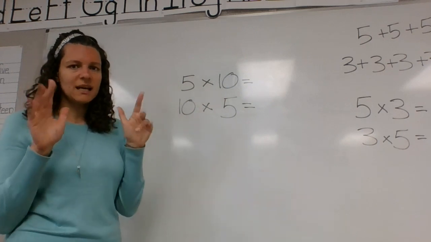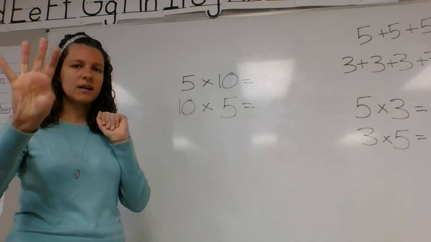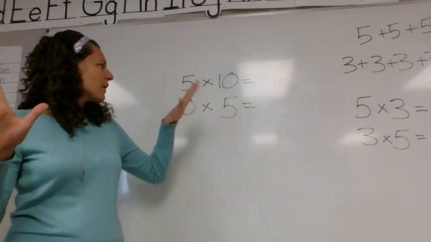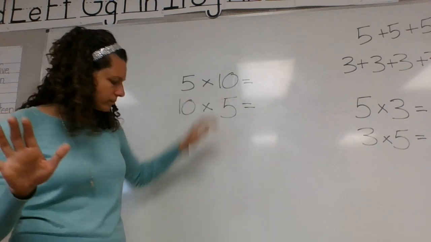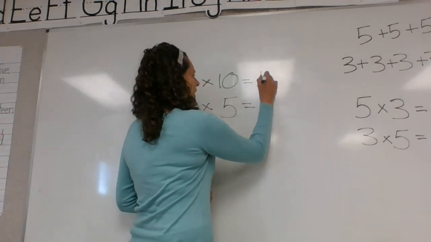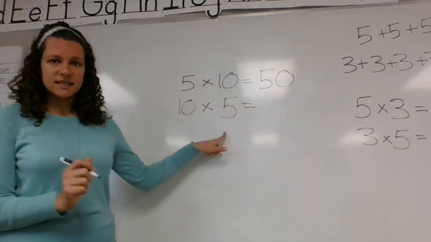You can use your fingers to keep track. Let's go. Ready? 5, 10, 15, 20, 25, 30, 35, 40, 45, 50. All right, so what's 5 times 10? Right, it's 50.